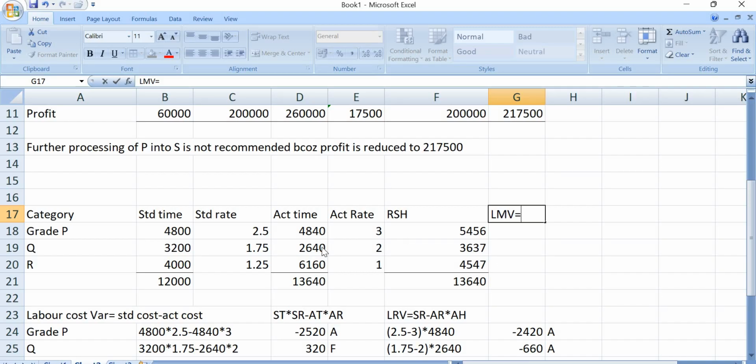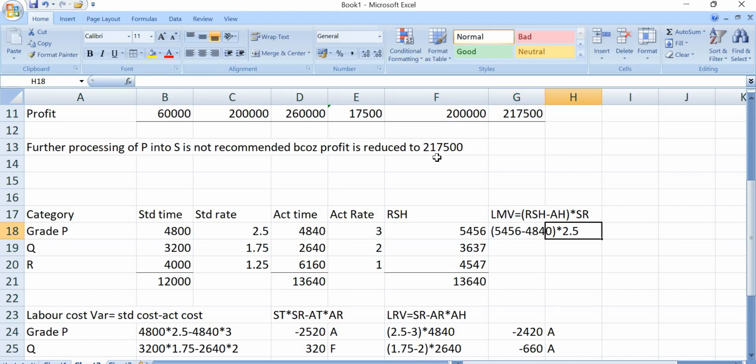So the formula is RSH minus actual hours into standard rate. So RSH here in this case, 5,456 minus my AH, that is 4,840, into my standard rate 2.5.